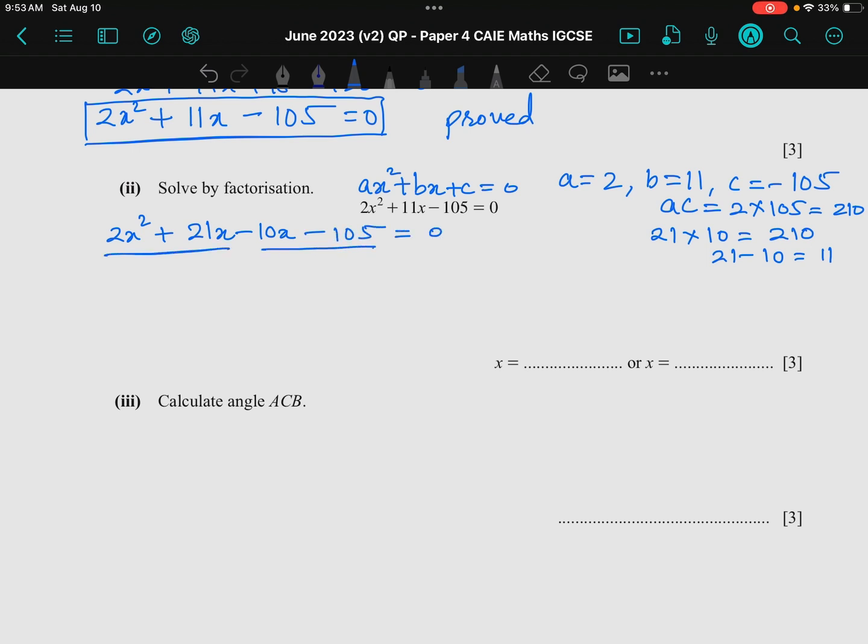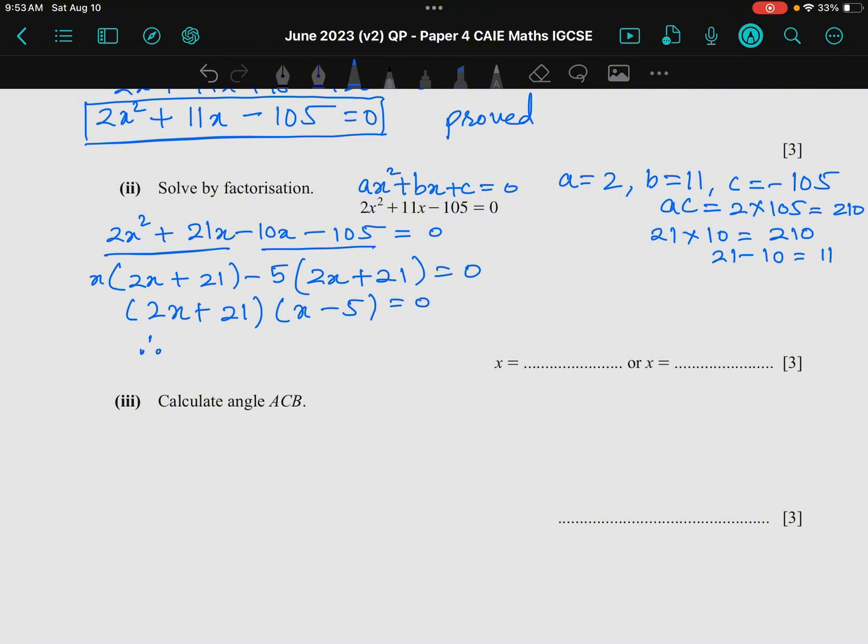Make the pair, taking out common from the pairs. Here only x is common, so it is 2x plus 21. 5 is common, minus 5, so the inside sign will change, so it is 2x plus 21 equals 0. Common bracket 2x plus 21, the other bracket x minus 5 equals 0.